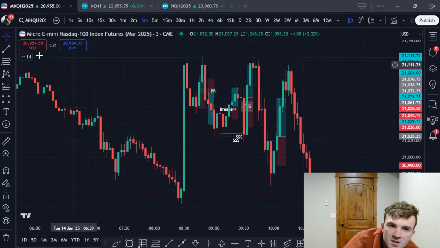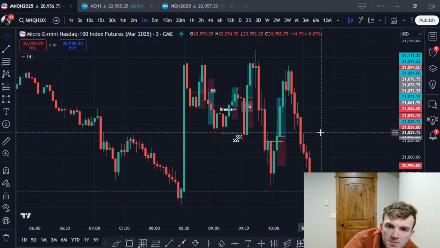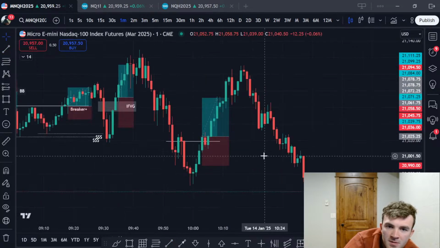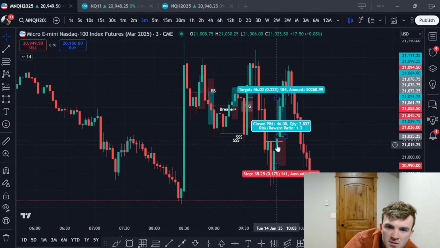Even taking this close above this breaker would have been good. Just paying attention to the lower time frame candles is really important, and how they close.